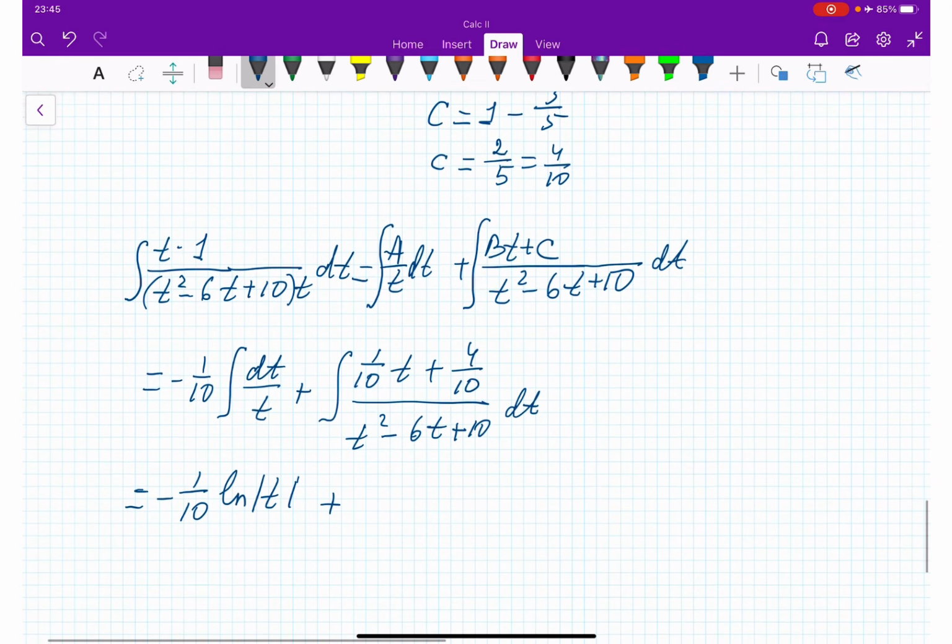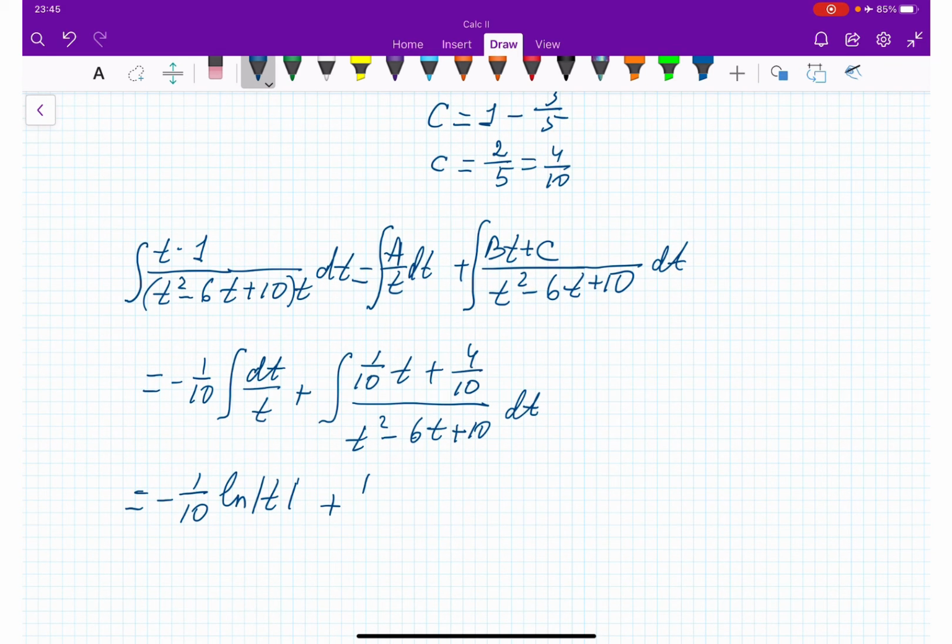Okay, it's going to be plus 1/10 I would take out, and under logarithm I would have t plus 4, right? And in the denominator I would have t squared minus 6t plus 10 and dt.